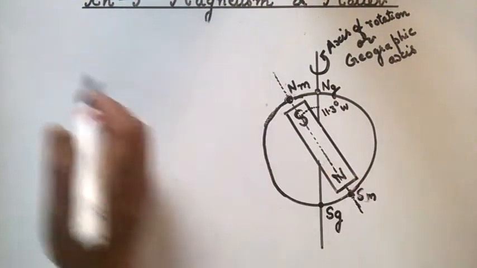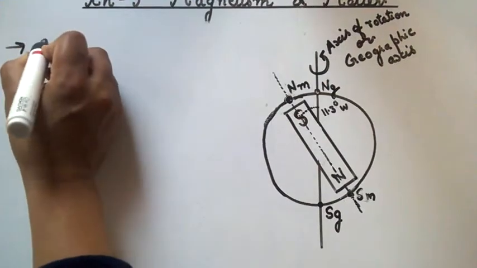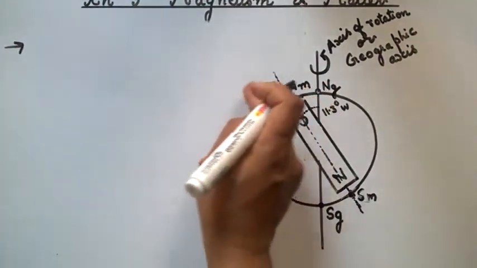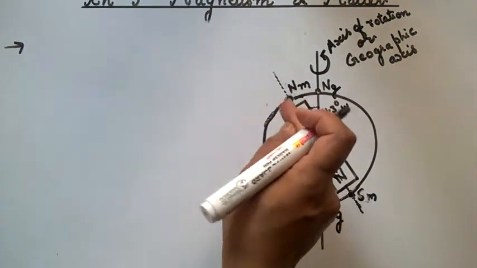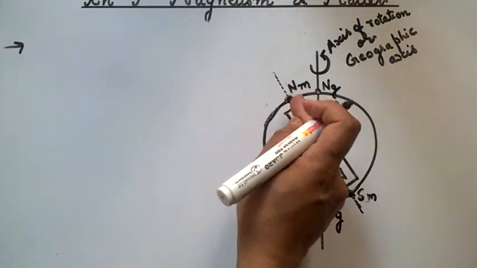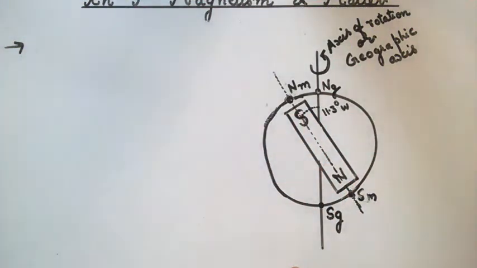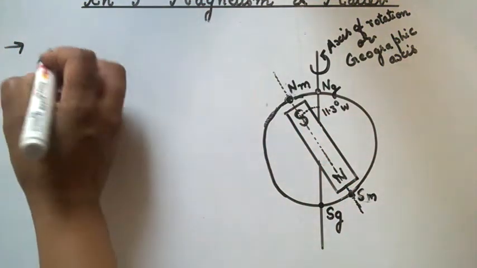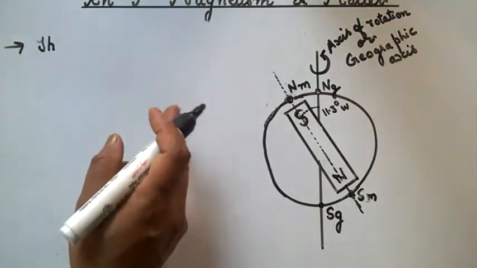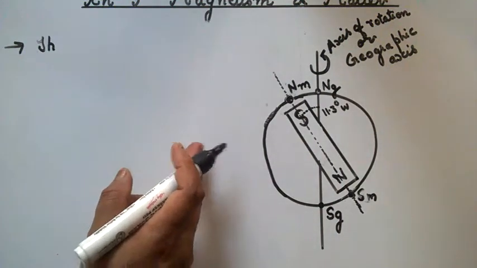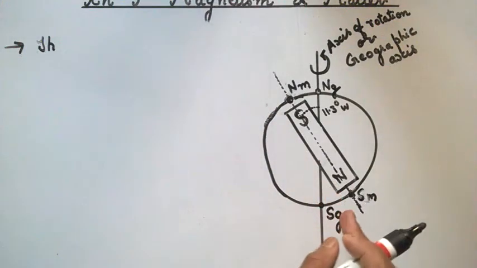Now, the direction of magnetic field lines of Earth is going into the Earth at North Magnetic Pole and coming out from the South Magnetic Pole. That is just opposite to the direction of magnetic field lines of a bar magnet, which coming out from the North Pole and entering into the South Pole.